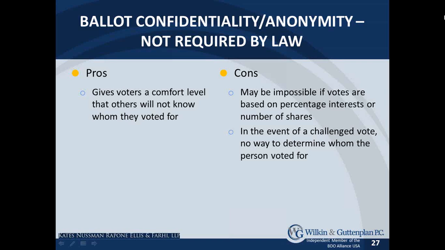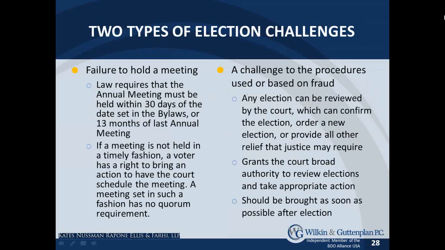And as a matter of fact, there's cases out of New York stating that a shareholder may have the right to review ballots as part of a right to access corporate records. So I don't think you can reasonably have an expectation that no one will ever know who you voted for. But I think you can set up a scheme to insulate at least the board and management and so on from knowing who voted for who, and limit that as much as possible.